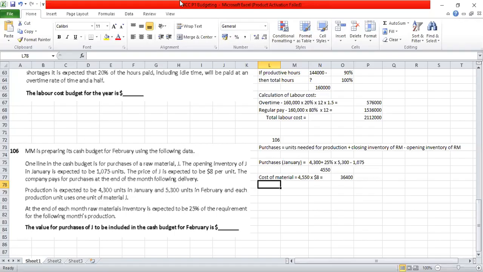Okay. Each production unit uses one unit. Otherwise also, when we multiply, it will be only the same thing, 4,550. At the end of each month, raw material inventory is expected to be this much. What is the value of purchases of J to be included in the cash budget for February?